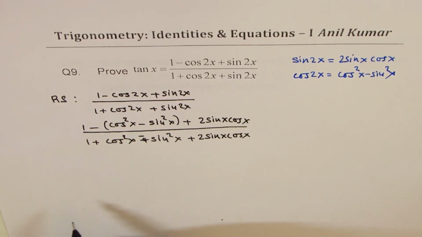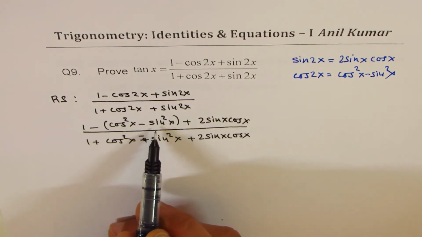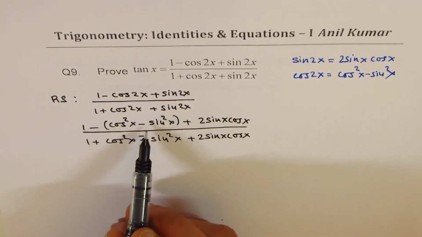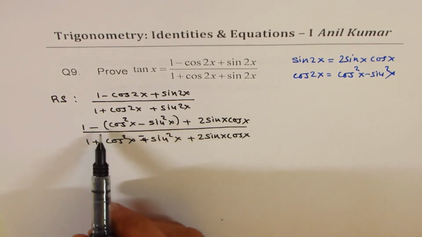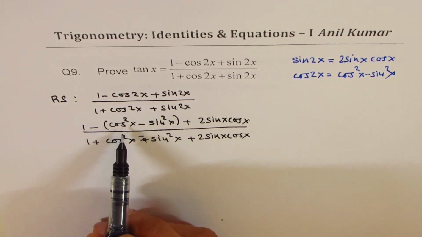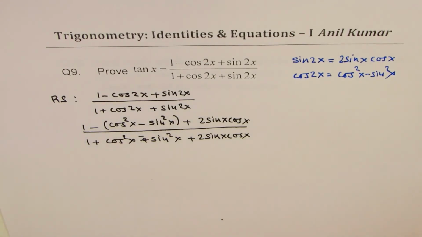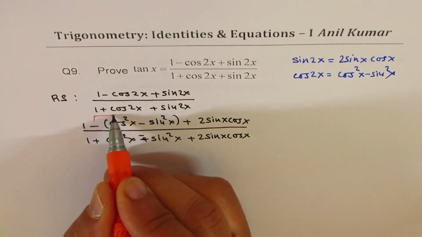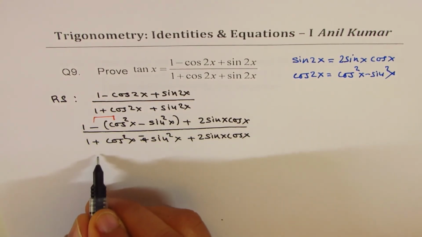Now in the numerator, you can see 1 minus cos square x, and then we have minus sine square x. So 1 minus cos square x could be written in terms of sine, correct? So in the numerator, we can combine these two terms, writing 1 minus cos square x as sine square x.